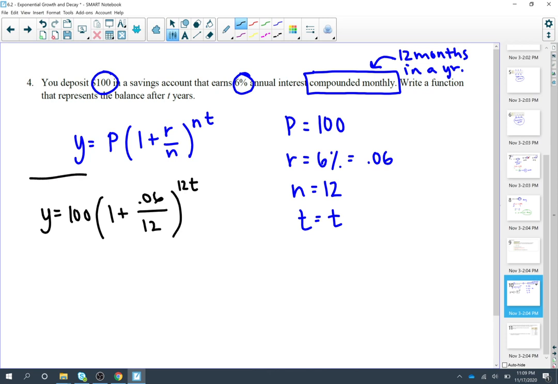Now, for the sake of them wanting a function, that's your function. I know some teachers like to simplify this and get one big decimal out of it. I prefer you don't. That way we know exactly what the 1 plus is, exactly what the rate is, exactly what the compounding is. I really prefer you don't simplify this and you leave it like that.